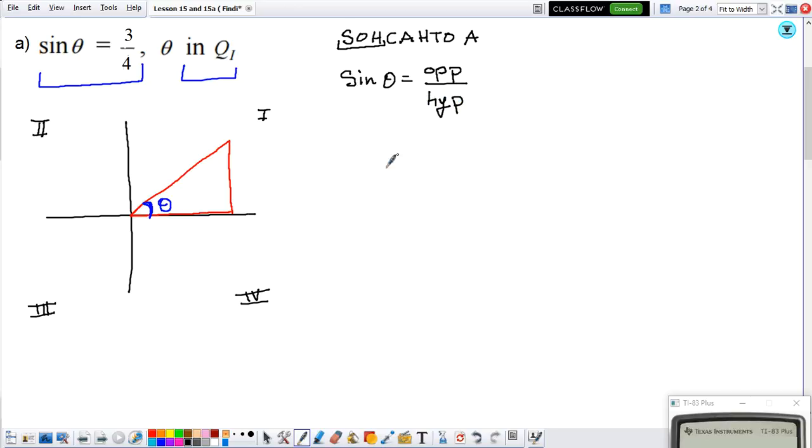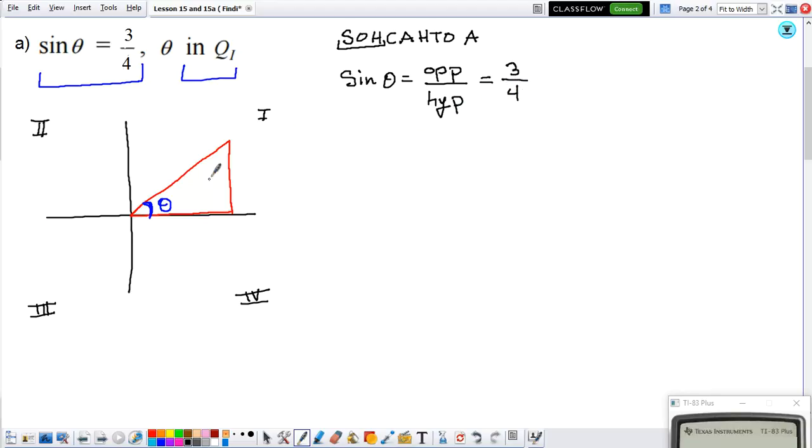With the information they're giving us, sine is equal to 3/4, and sine is equal to opposite over hypotenuse. So my opposite is going to have a value of 3, and my hypotenuse is going to have a value of 4.